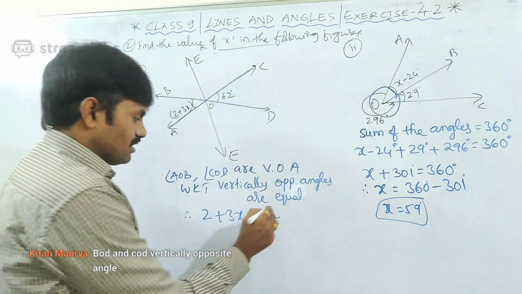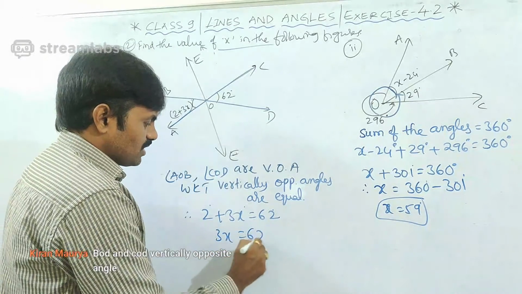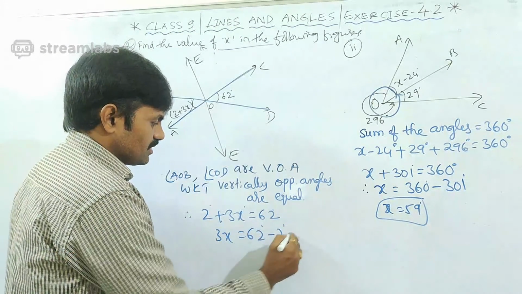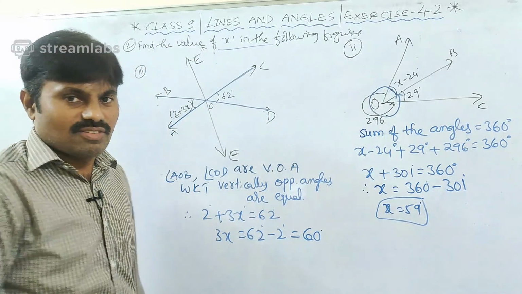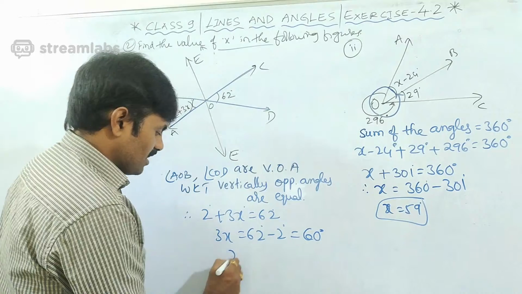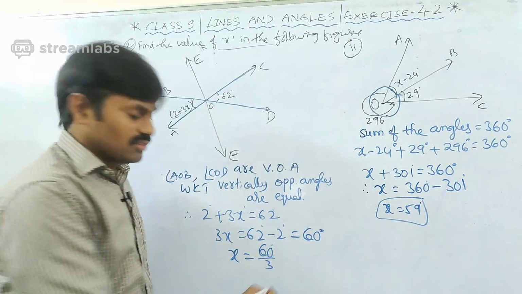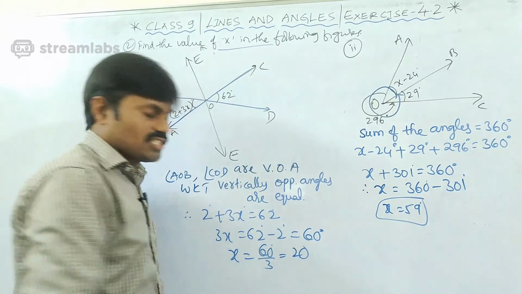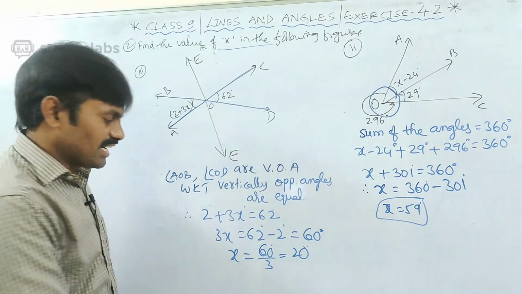Now 3x is equal to how much? 62 degrees minus 2 degrees, that is equal to 60 degrees. So 3x is equal to 60 degrees. Then what about the x value? 60 degrees divided by 3, 3 divides 60 twenty times. So the value of x is 20 degrees.